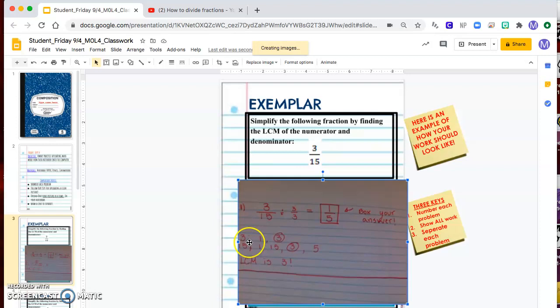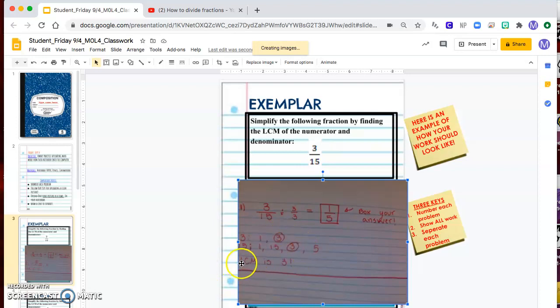So the multiples of 3 are 1 and 3 because the only numbers you can multiply to get 3 are 1 times 3. The multiples of 15 are obviously 1 and 15, and then 3 and 5, because I can multiply 3 times 5 to get 15. So the least common multiple between 3 and 15 is 3, which is why I have that circled here.